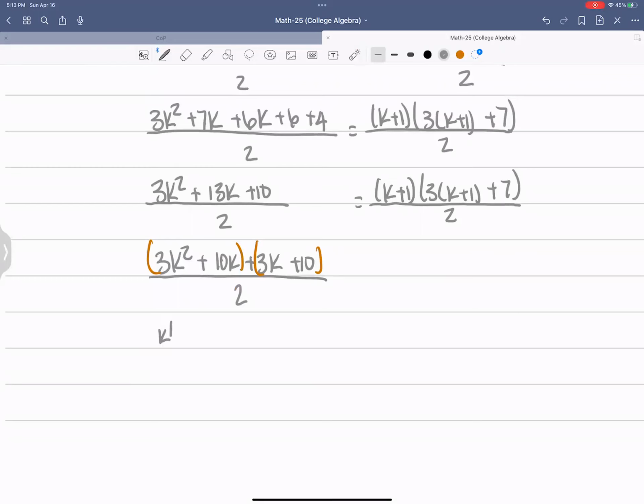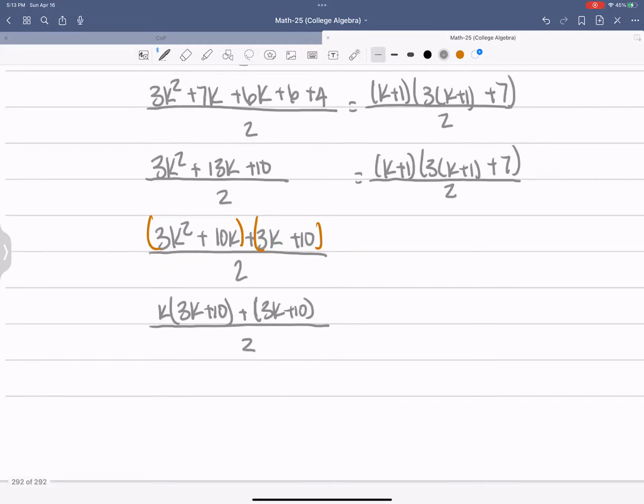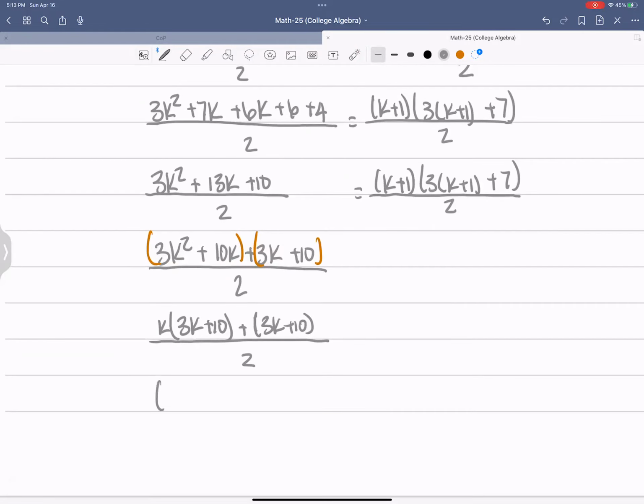Looks like we could factor out a k, 3k plus 10. Can't factor much more out. So we have 3k plus 10. And it looks like when this factors, we have k plus 1 times 3k plus 10 over 2.